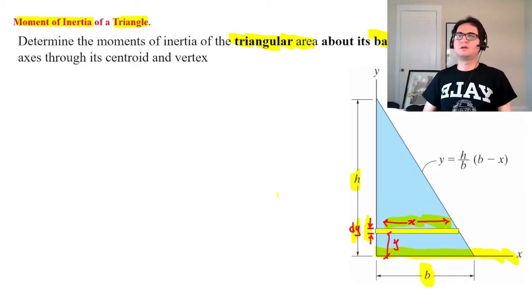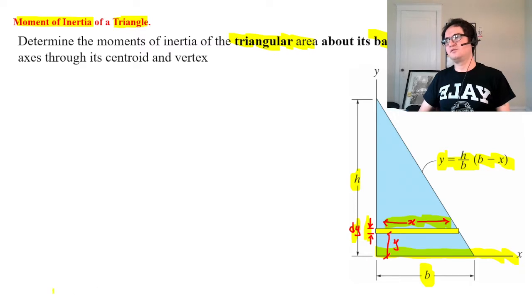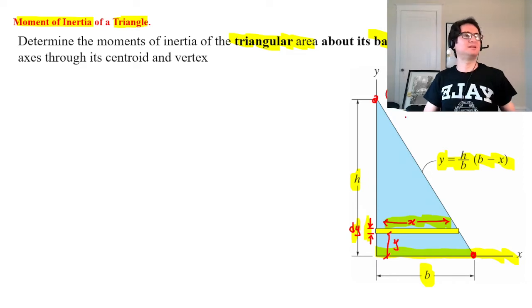If the equation of this line is provided, you can easily calculate. If you know two points, you can get the slope of that line and the equation of the line as well. So that's (0, h) and this one is (b, 0).